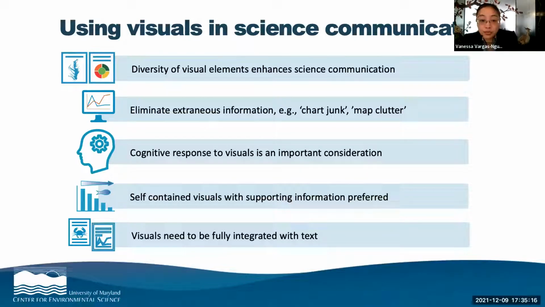Self-contained visuals with supporting information are preferred. And finally, visuals need to be fully integrated with the text. So in the next few slides, I will talk about specific tools that you can use in communicating your data. First is data visualization. And I will again play a short clip about some important consideration in data visualization.